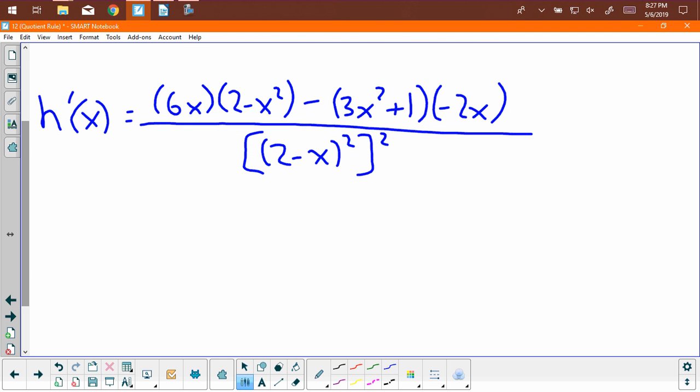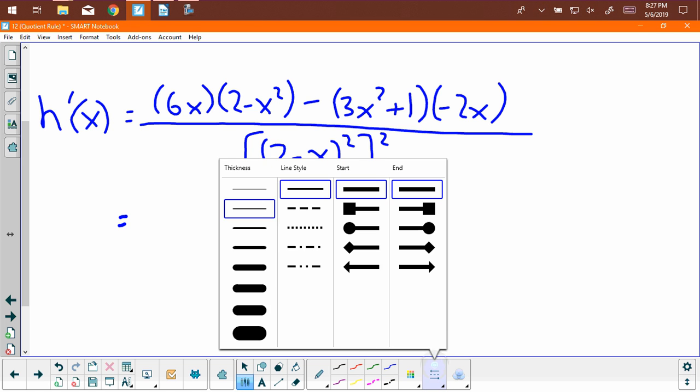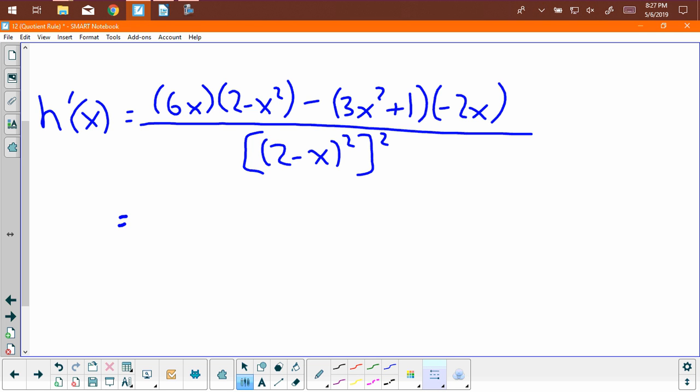Now, the expression on the top is relatively straightforward, so we're just going to expand that out and tidy it up. So we've got 12x minus 6x cubed. Now be a little careful here. I've got that negative in front of that entire expression. So for example, when I multiply something through like 3x squared times negative 2x, that gives me negative 6x cubed, but I was subtracting it.